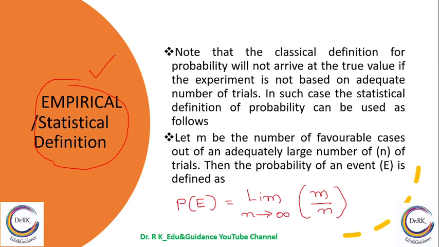We define the probability of an event E as the limit as n tends to infinity of m by n, where n is infinity, like in the earlier example where the sample space is an infinite set. To overcome this, this is the definition which we call the empirical or statistical definition.